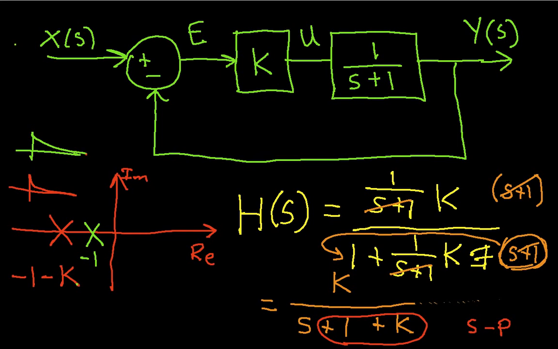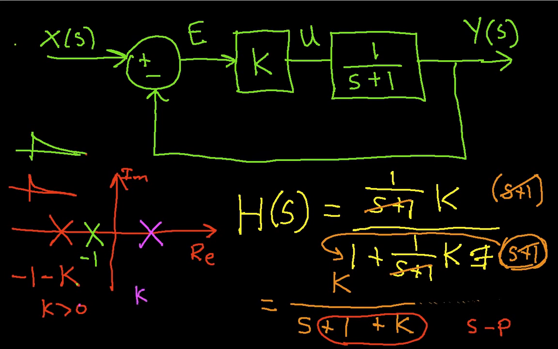What happens if k is negative? So we'll actually put here, this is k greater than 0. If k is negative, what happens here? Well, if k is more negative than negative 1, I can actually move my pole out here.